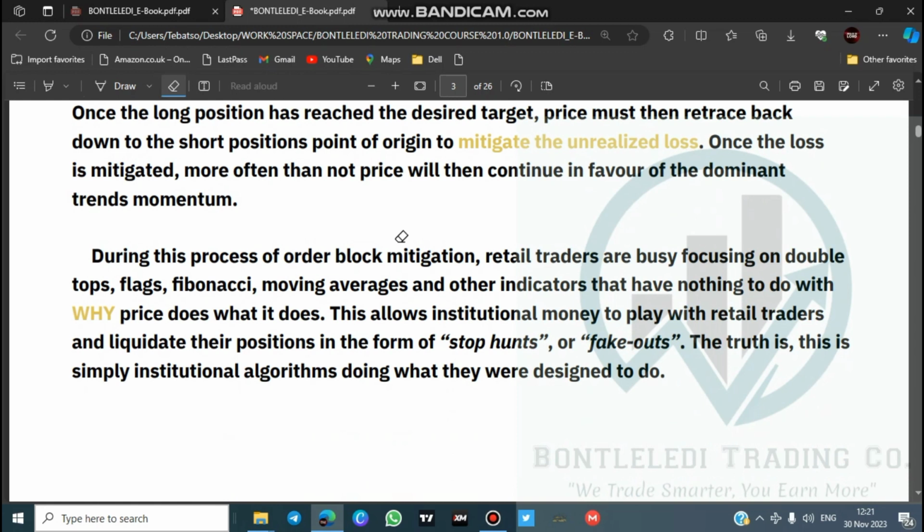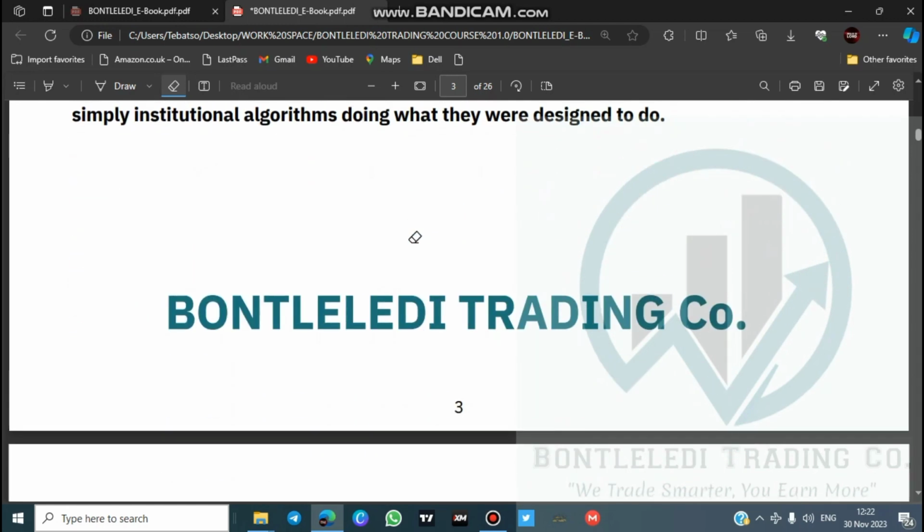So whenever you're creating your double tops, these guys are busy playing with the psychology, the emotions. The truth is, this is simply institutional algorithms doing what they were designed to do. Remember, the algorithm is an automated system that is created to manipulate and play with your emotions.